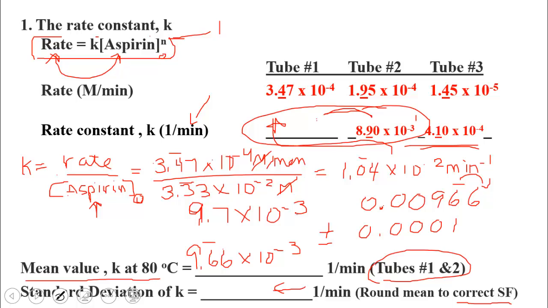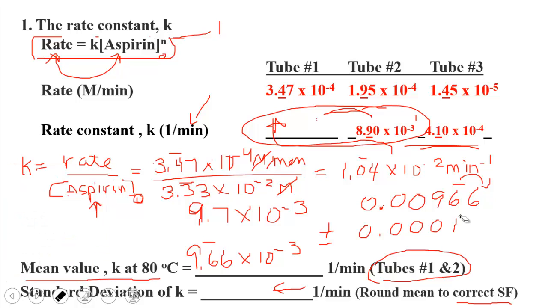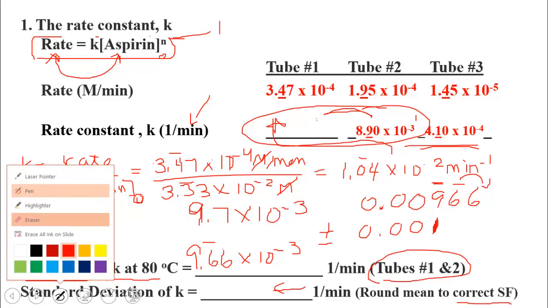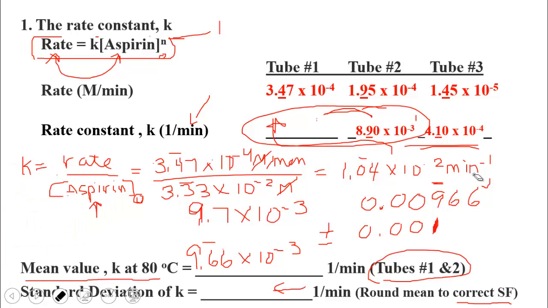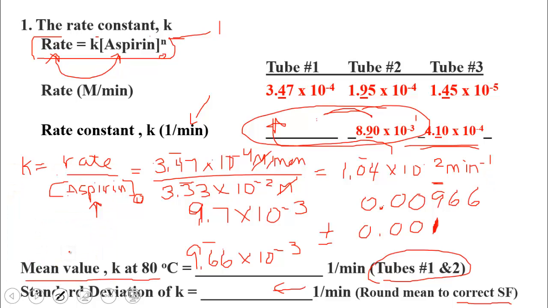But if, on the other hand, we found the standard deviation to be 0.001, this would be the last decimal place I could believe in my average. Even though significant digits said I could go to the 6, the standard deviation tells me I can only go to that 9.